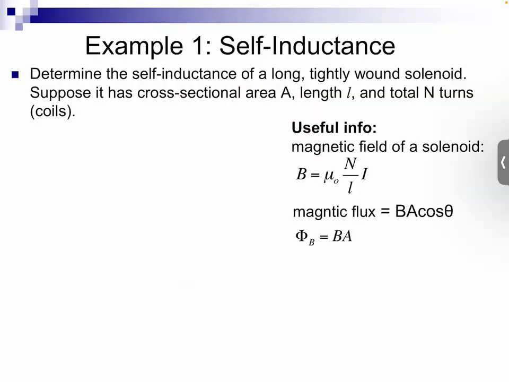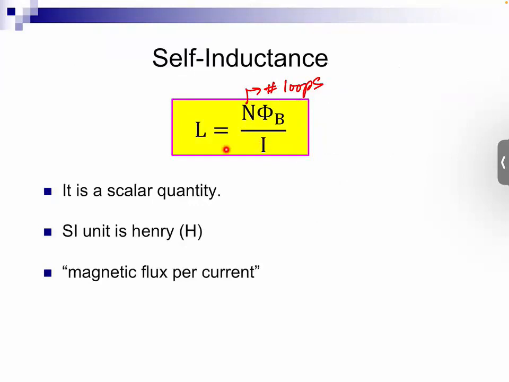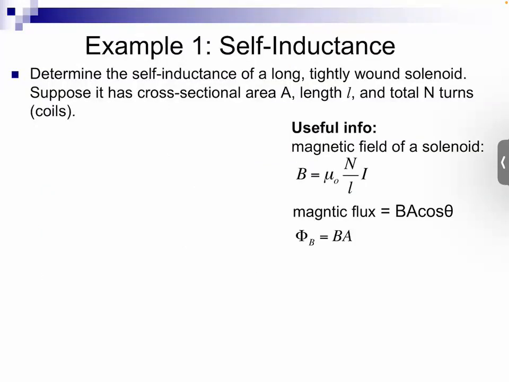Right, so just a quick example to see how this equation applies for the self-inductance. Say you have a solenoid, and that solenoid has a cross-sectional area A, a length L, and N turns, okay, and coils.